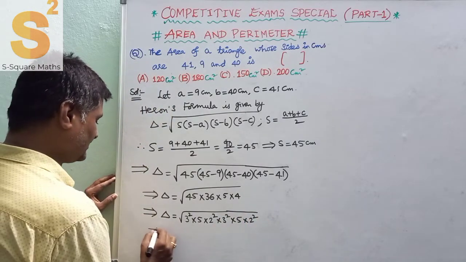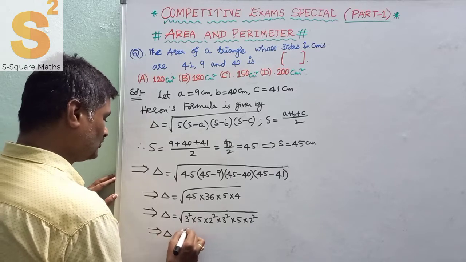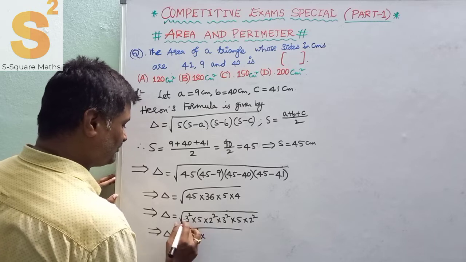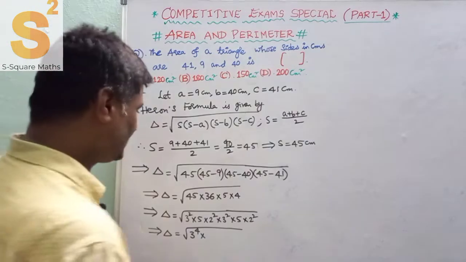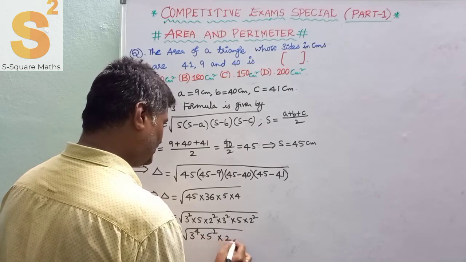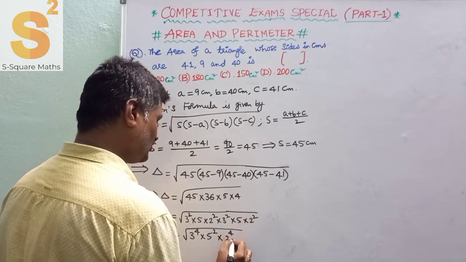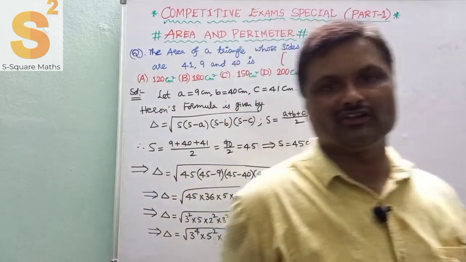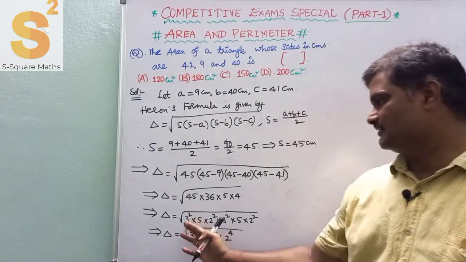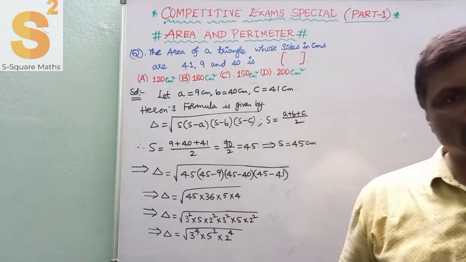Delta is equal to root of 3 power 4, because 3 square into 3 square, next 5 square, next 2 square into 2 square is 2 power 4. We have applied a power m into a power n is a power m plus n, for 3's, 5's and 2's.